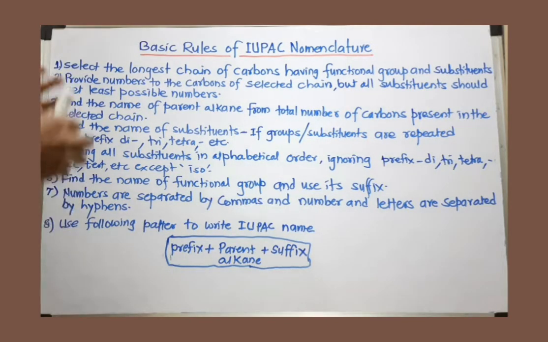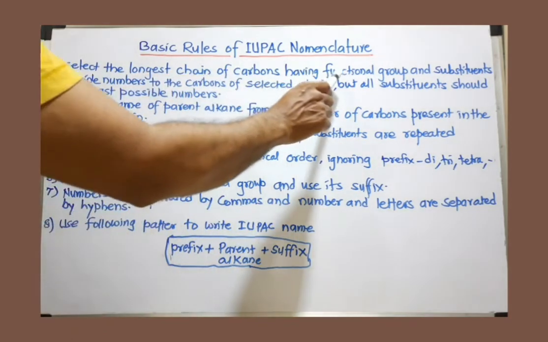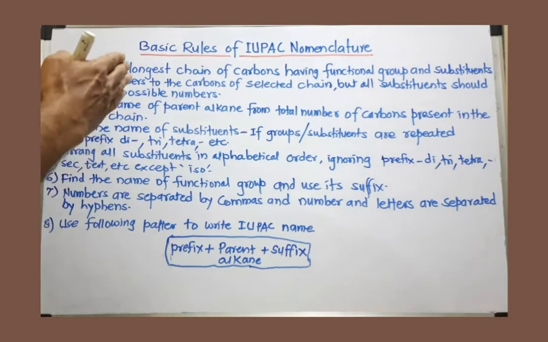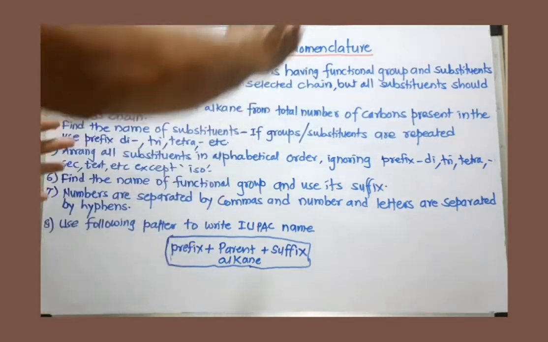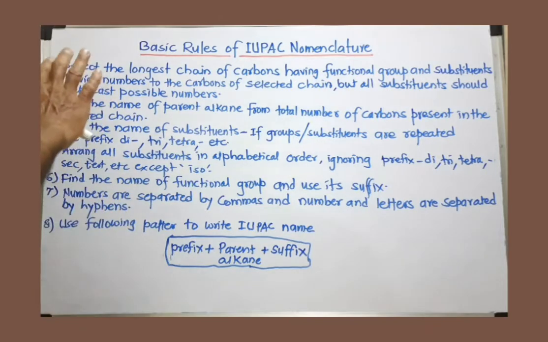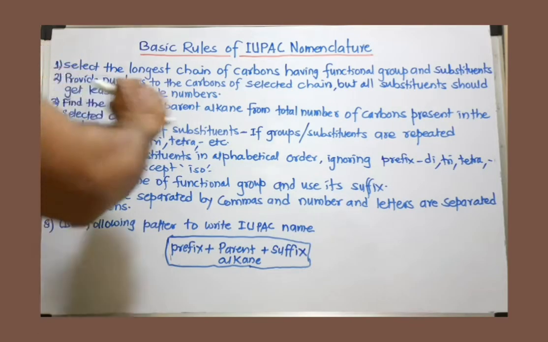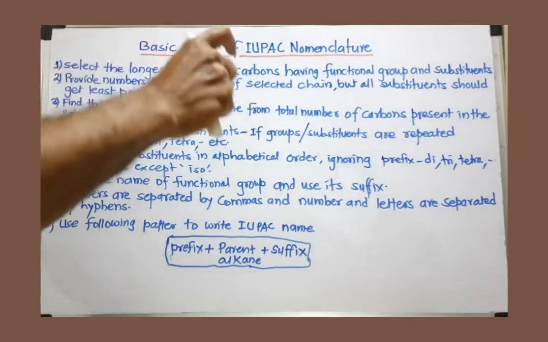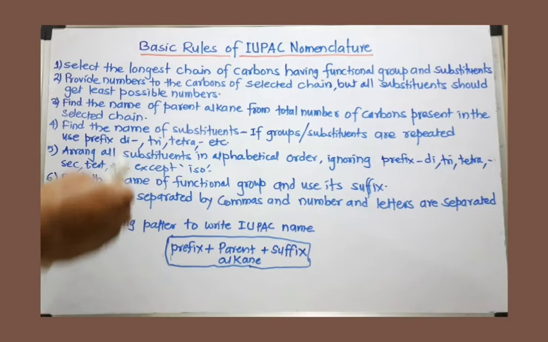Now, whenever a compound is given, your first duty is to select the longest chain of carbon having a functional group or substituent. That chain of carbon may not always be in a straight line. It may be zigzag or it may be in a cross manner. So you should try a trial and error method to select the longest chain of carbon. You count personally by using different patterns and find out the maximum number of carbons present in the selected chain.